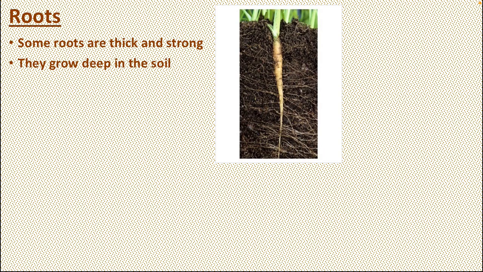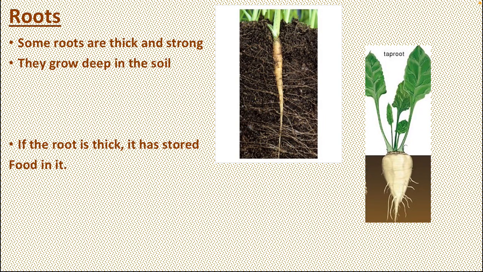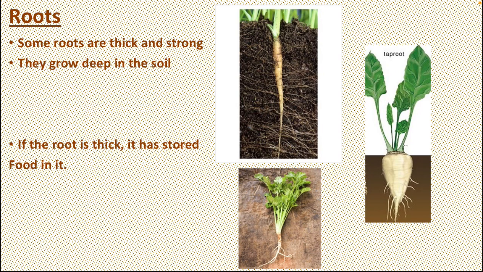Some roots are thick and strong. They grow deep in the soil. When they are thick and strong, they absorb and store food in themselves. For example, carrot, radish, beetroot, these are the root vegetables and they absorb and store food in them so that we can eat them.